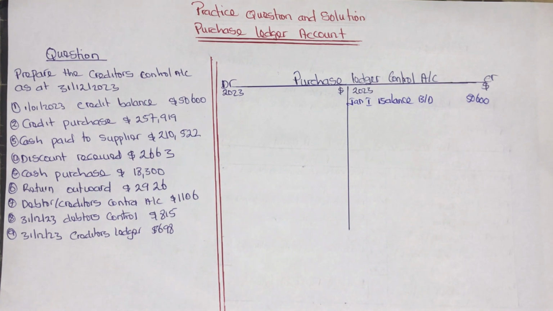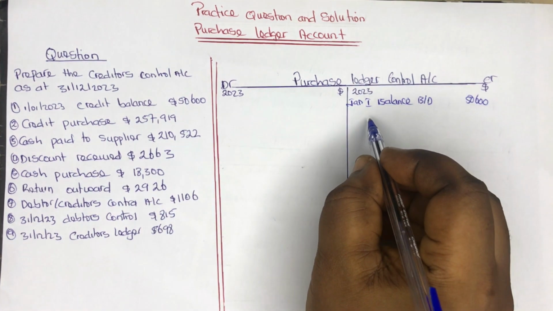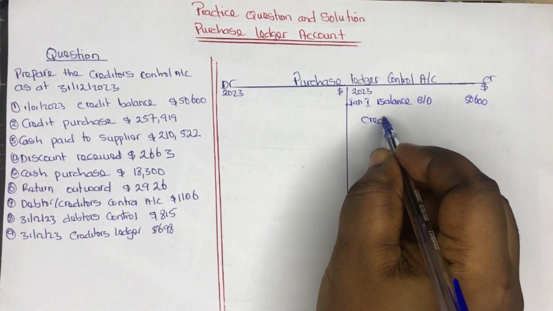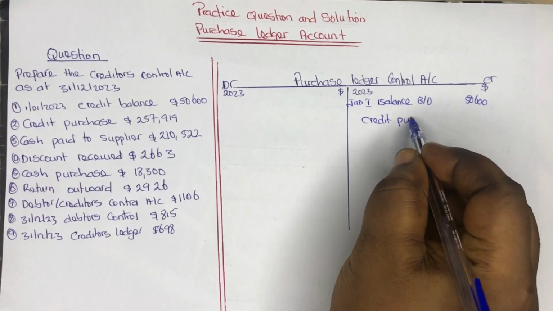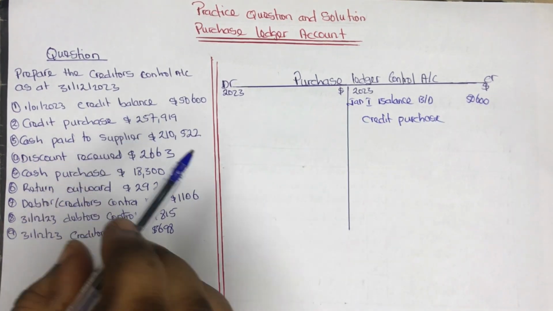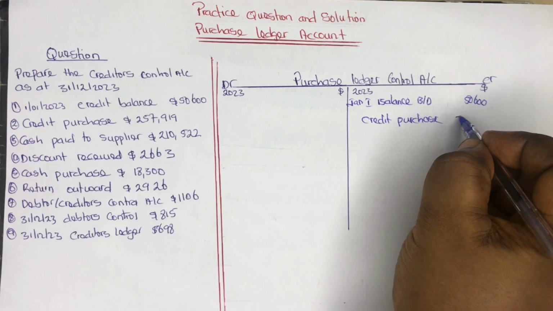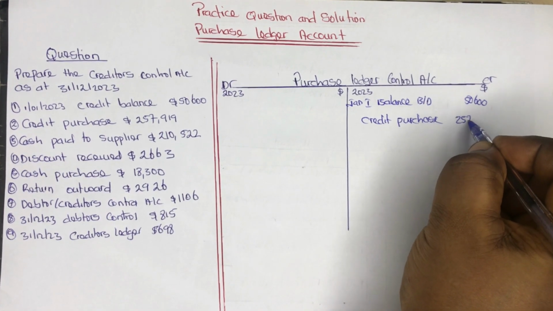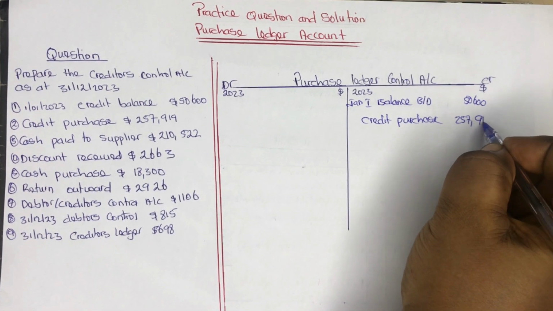The next item is credit purchases. Credit purchases also go on the credit side of the purchase ledger control account. The amount is $257,919.